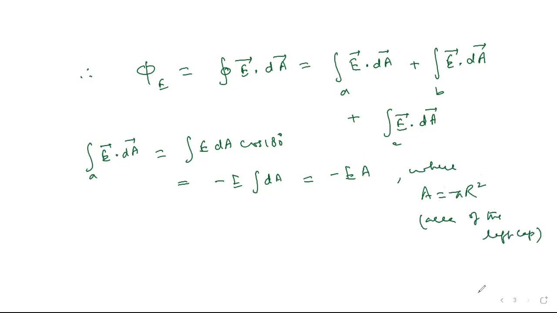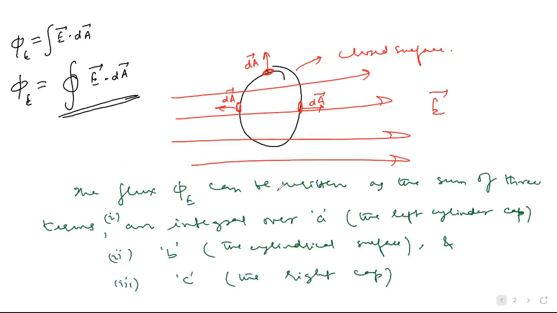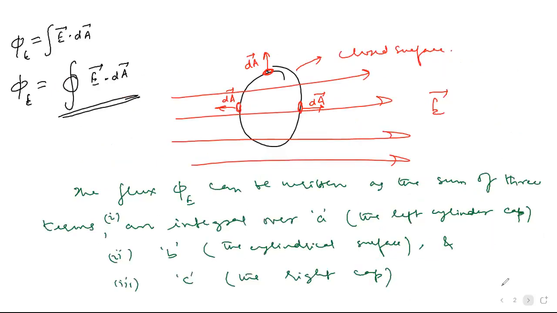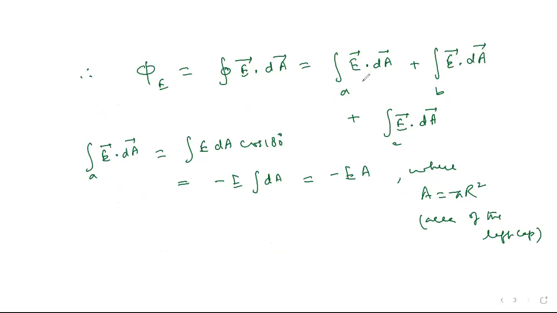Capital A is the area of the left cap. So the integral dA, when you add all infinitesimal areas over the left hand cap, it will become just A. A is the area of the left cap, which is pi r square, because capital R is the radius of this cap. So this is minus EA, the value of this term.